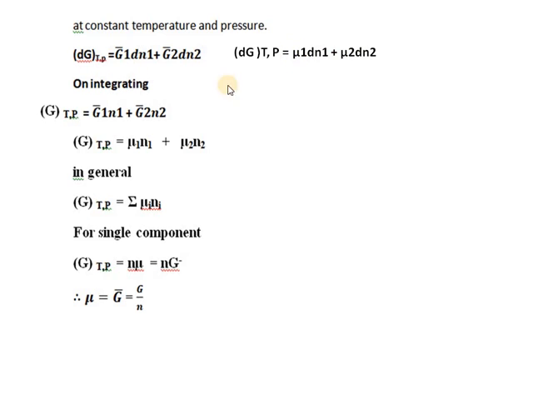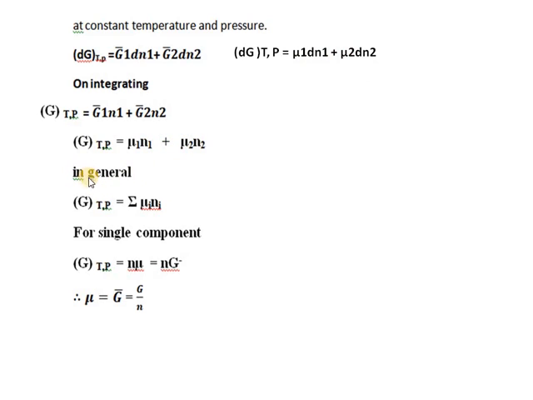On integrating both equations, we get, firstly, G at a constant temperature and pressure is equal to G1 bar n1 plus G2 bar n2. Similarly, Z at a constant temperature and pressure is equal to mu1 n1 plus mu2 n2.